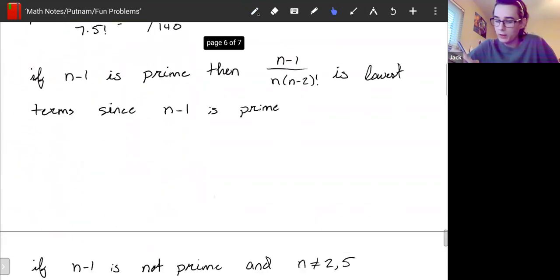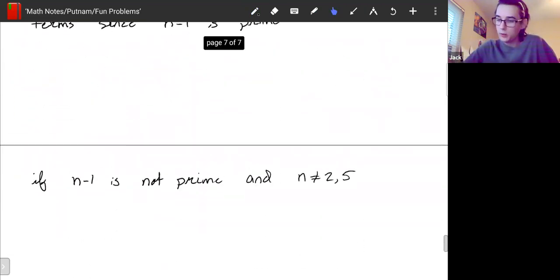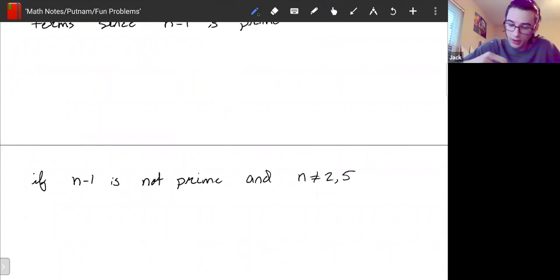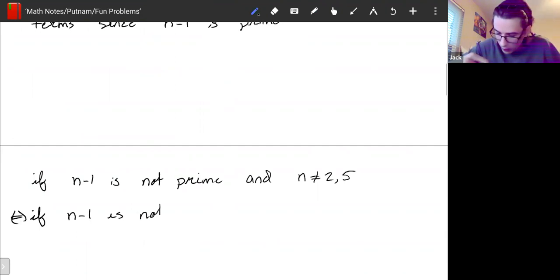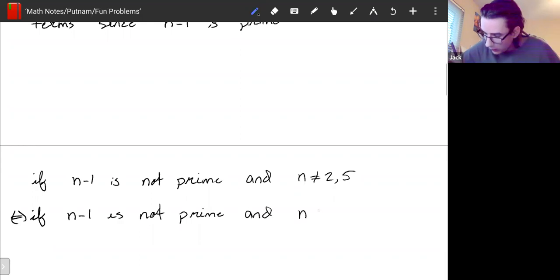So that means that this statement right here can be equivalently stated as if n minus 1 is not prime and n is greater than or equal to 7.